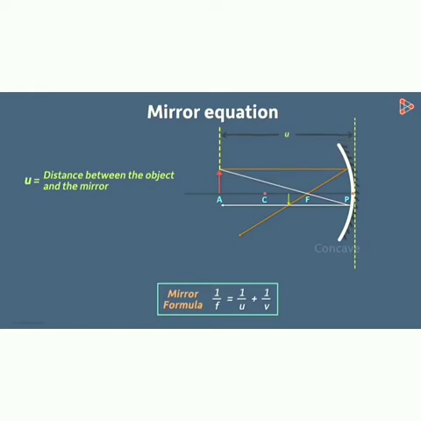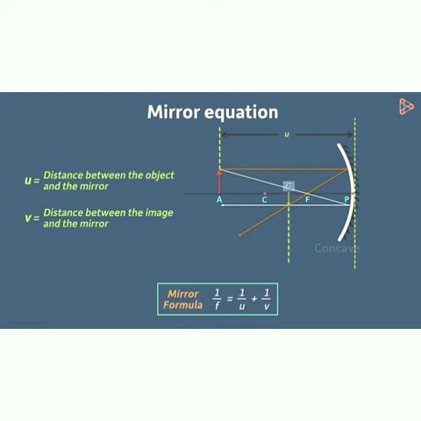Here U is the distance between the object and the mirror, measured parallel to the principal axis, and V is the distance between the image and the mirror.